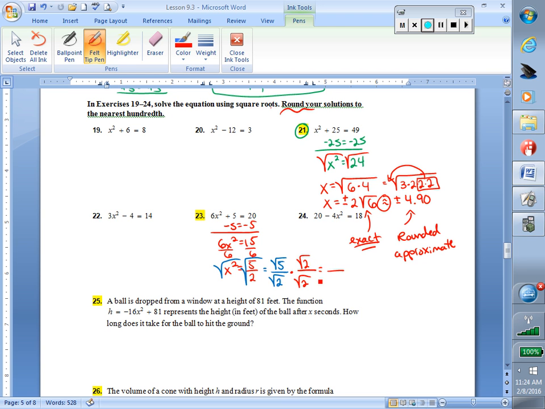Because when that happens, the square root of 2 times the square root of 2 gives me the square root of 4. 4 is a perfect square, so it simplifies to a 2 for me. Another nice refresher opportunity happens up in the numerator. The 5 and the 2 are both inside those radicals, so I can make that the square root of 10.